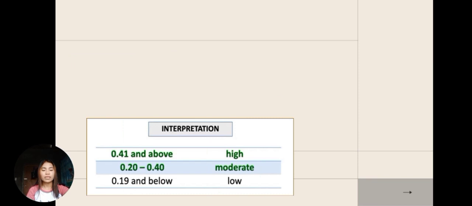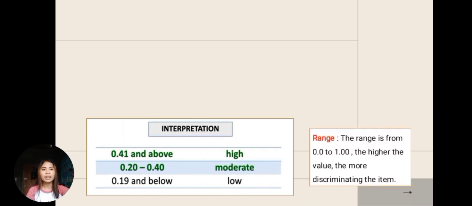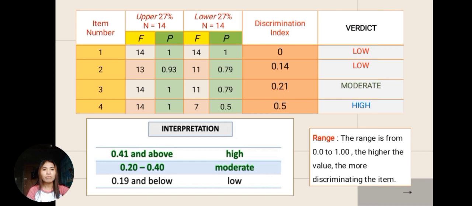Here comes the interpretation. As I said earlier, the range is from 0.0 to 1.00, so the higher the value, the more discriminating the item. From the table, in item 1 we have 0, therefore it is low. In item 2, we have a discrimination index of 0.14, therefore it is also low.